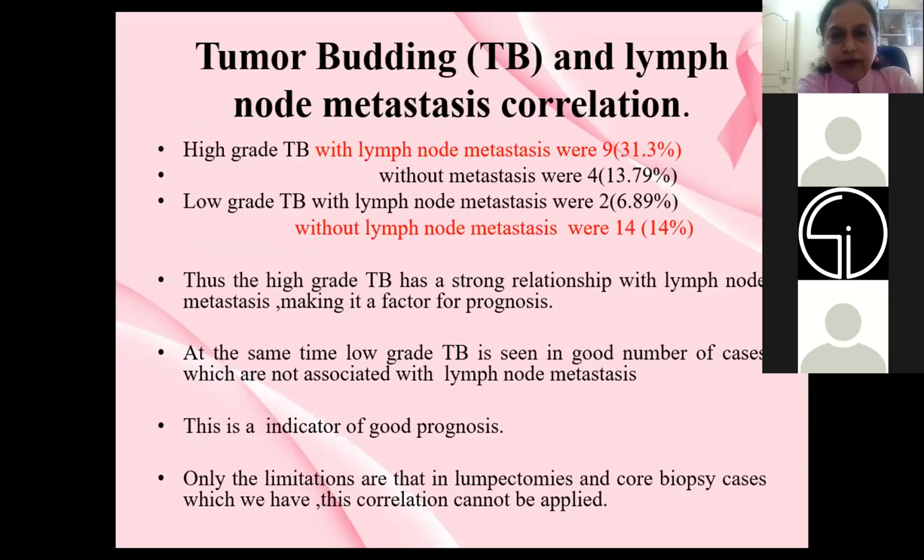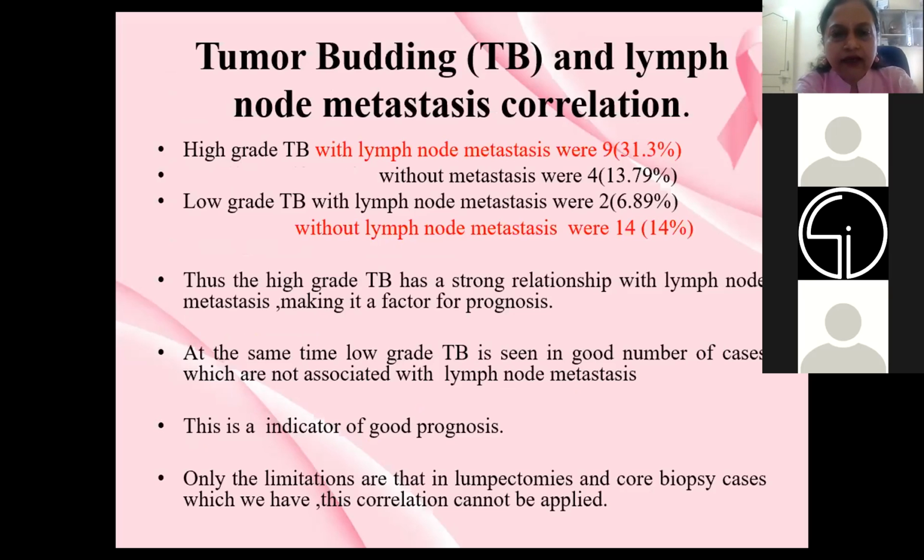Coming to tumor budding and lymph node metastasis correlation. The high-grade tumor budding with lymph node metastasis was seen in 9, that is 31.3% cases. Without metastasis was seen in 4, that is just 13.79%. Low-grade tumor budding with lymph node metastasis was seen only in 2 cases, that is 6%. Without lymph node metastasis was seen in 14.